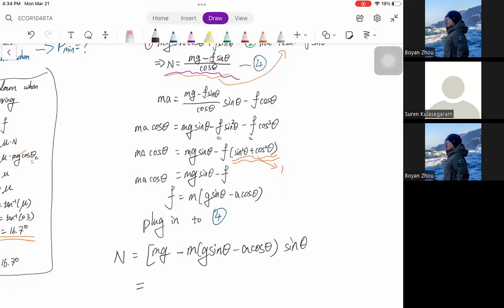Okay, I'm missing the sine theta here. And everything times 1 over cosine theta.